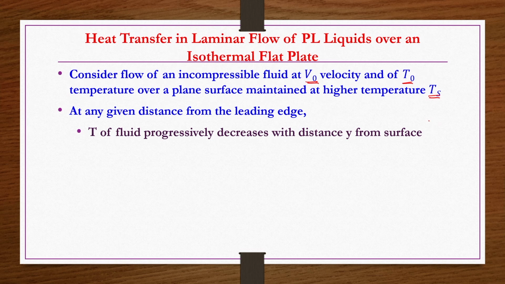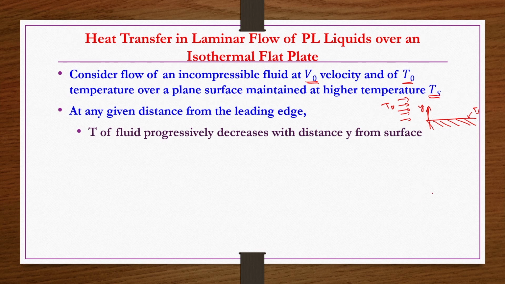So, this is the plate, at Ts, higher temperature, and this is the y direction. As we move away in the y direction, the fluid is at the lower temperature T naught. So the temperature gradually decreases from Ts to T naught at infinite distance in the y direction.